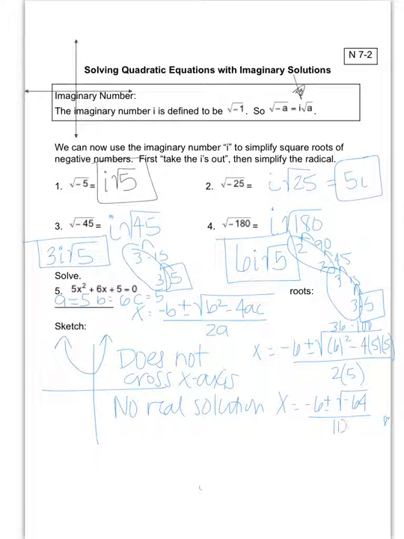And that's over 10. So all I did was I found the number under the radical. It equals negative 64. Now, since we have a negative under the radical, we can't take the square root of negative 64. So we're going to do like we did on the first 4 examples, and bring that negative on the outside and make it an i.